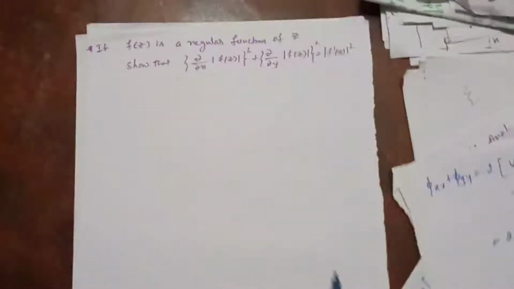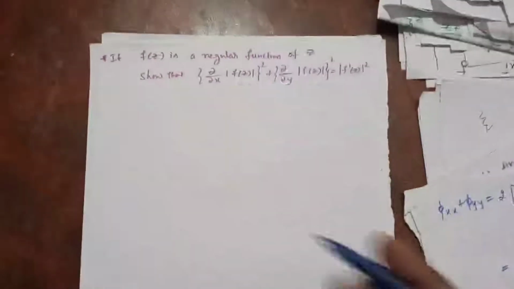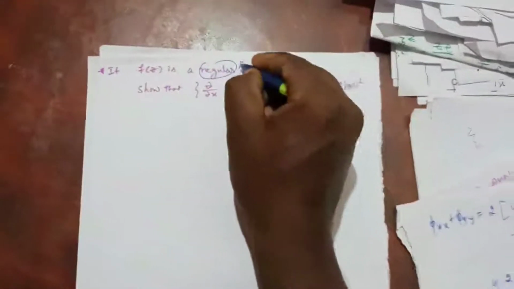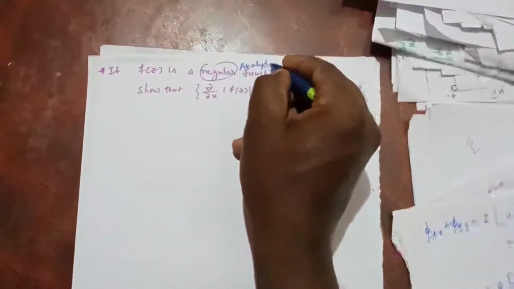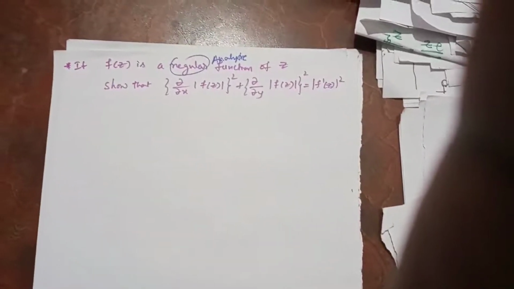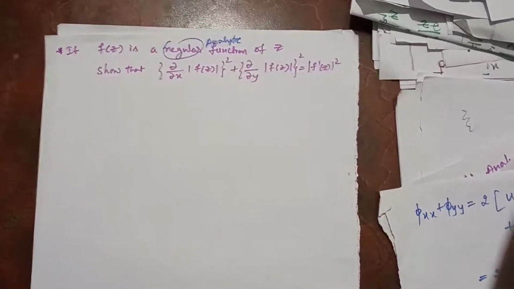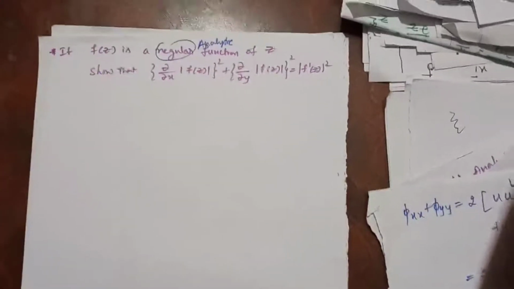So the next is also the same. If f of z is a regular function of z, regular means analytic, show that dou by dou x of modulus of f of z whole square plus dou by dou y of modulus of f of z whole square is equal to modulus of f dash of z whole square.